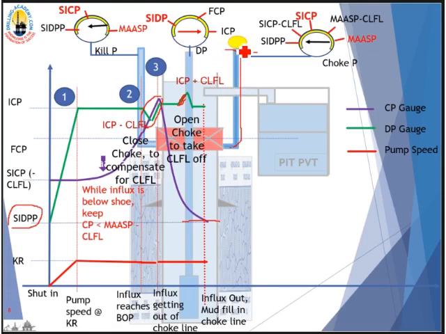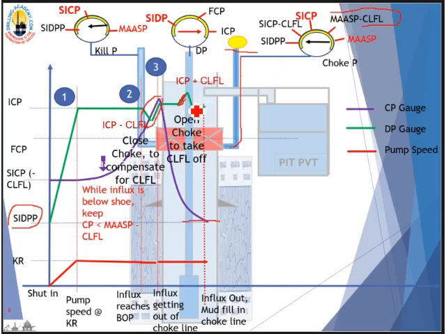If now your casing pressure gauge is below MASP, all right, we know that it drops down to shut-in drill pipe pressure, but if it is below MASP, deduct choke line friction loss now because choke line friction loss comes back, right? Then you can leave the choke there.